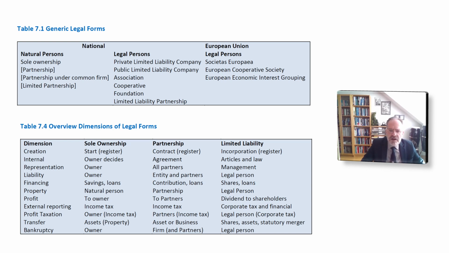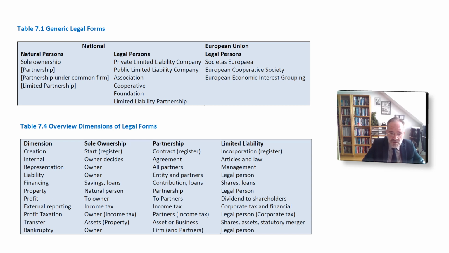Above, you will find the generic legal forms as discussed. What are now the dimensions which you should take into account if you would like to evaluate which legal form is best for you? First of all, is it difficult or expensive to create the form?